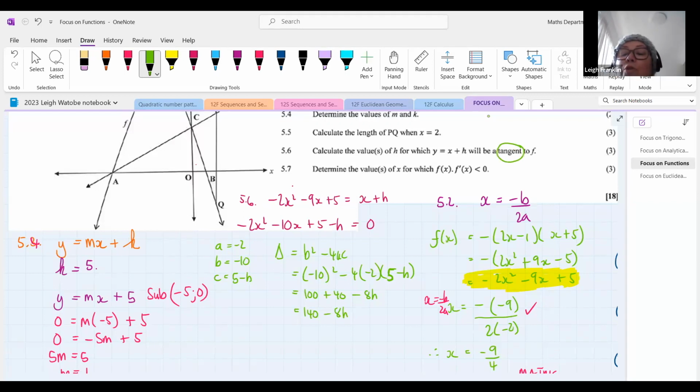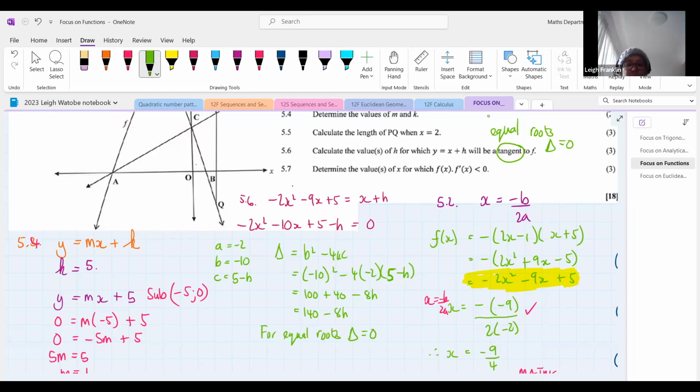Tangent. The word tangent means equal roots. So in other words, delta is equal to 0. Okay. So for equal roots, delta equals 0.